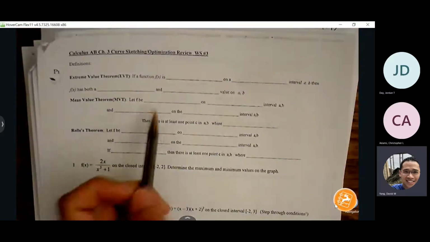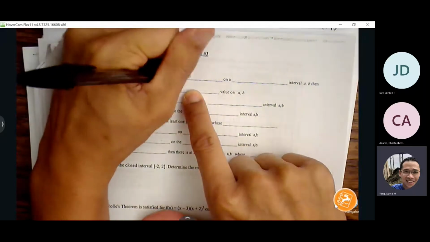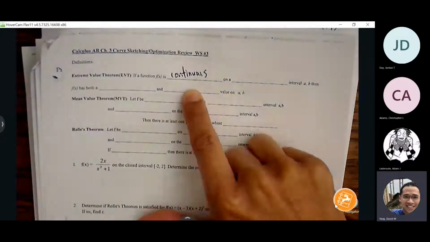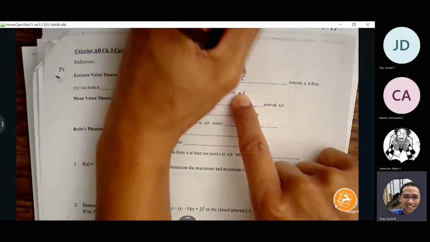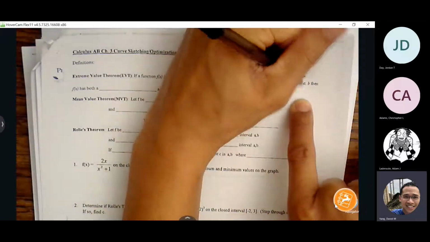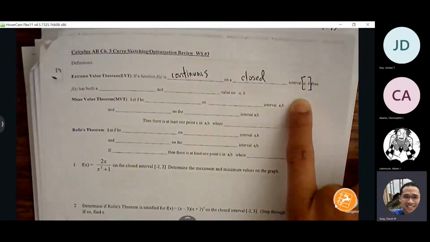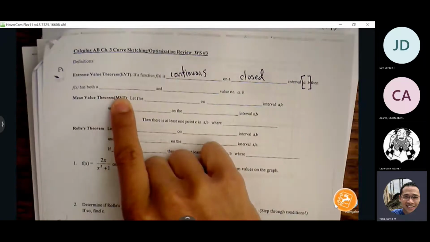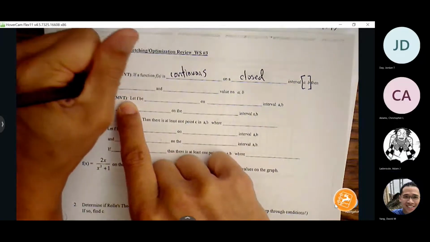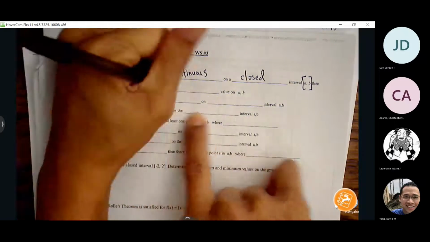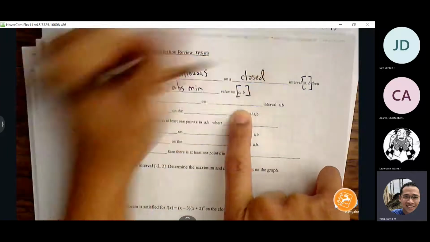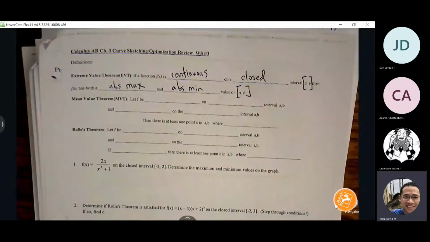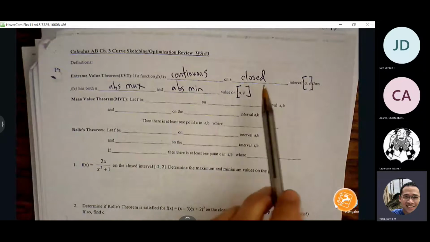So extreme value theorem. If a function is continuous, and this is the only condition that EVT needs, is continuity, and it has to be on the closed interval, brackets, then we can guarantee that there is both an absolute max and an absolute min on the closed interval from A to B. Okay, so we test critical points and we test endpoints.